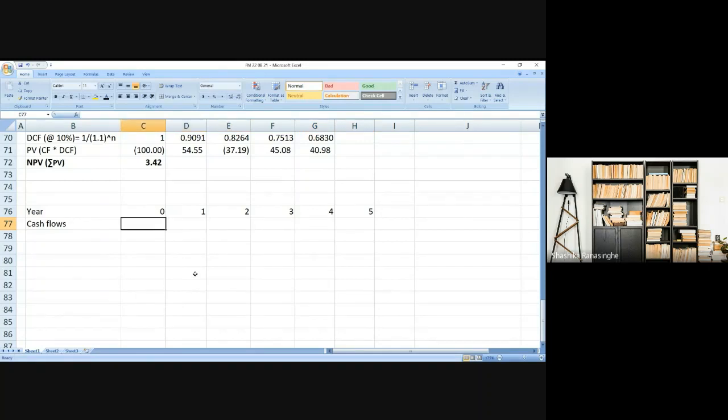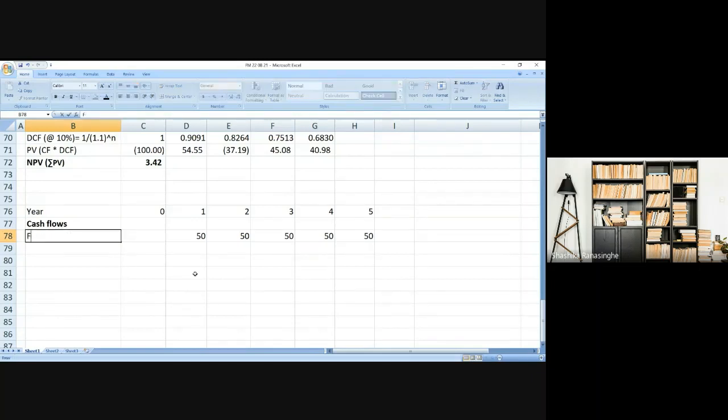A 5-year bond which is 5% coupon, 5% of face value of 1,000, which is $50 every year. Annually, you get $50. Then at maturity, so these are the cash flows that I'm writing down.